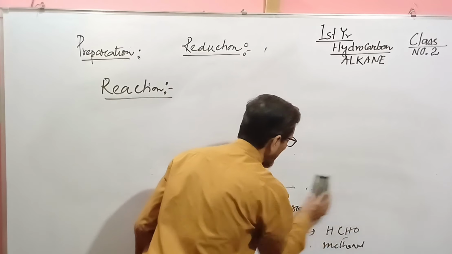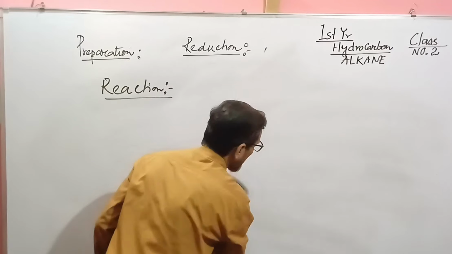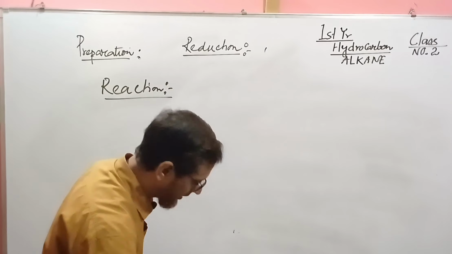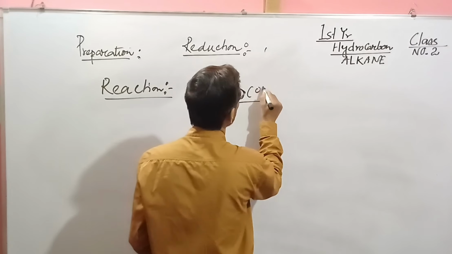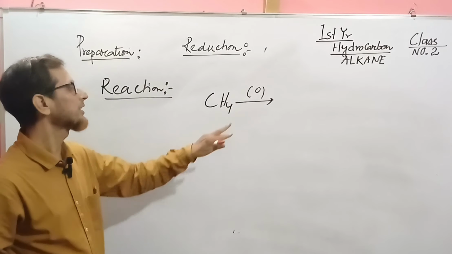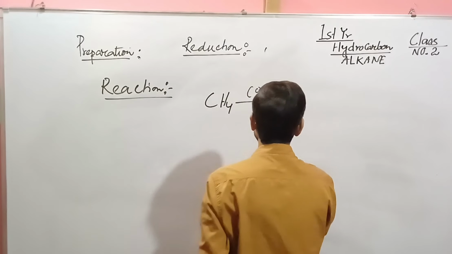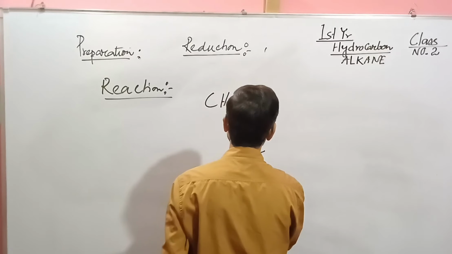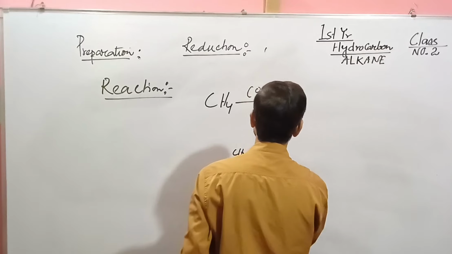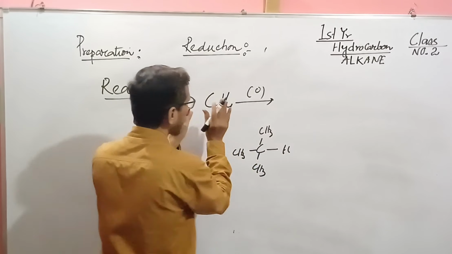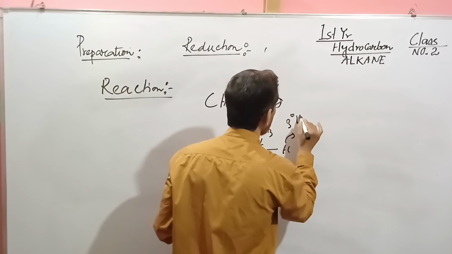Again, a very interesting part of oxidation reactions is that methane does not easily undergo oxidation. It is very tough to make it oxidized. Now, if that reaction is asked in your exam, if I replace the hydrogens with CH3, CH3, CH3, it means it has a 3 degree hydrogen.